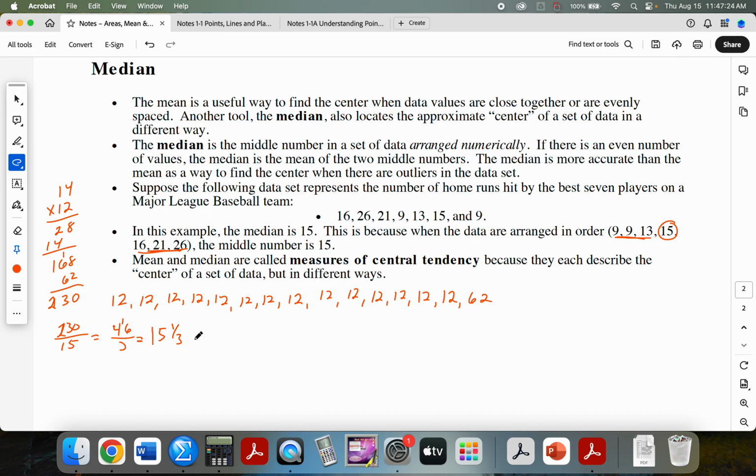They're both the average, put that in quotes, but they're different, aren't they? They're both a measure of the center.